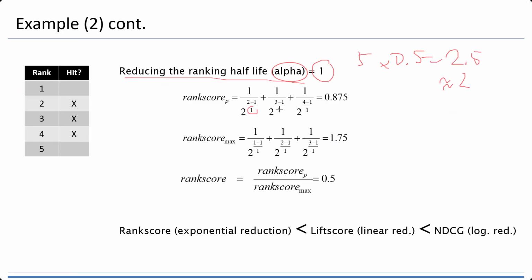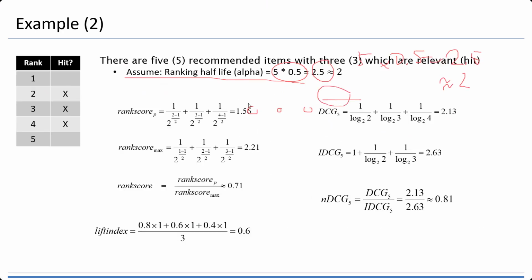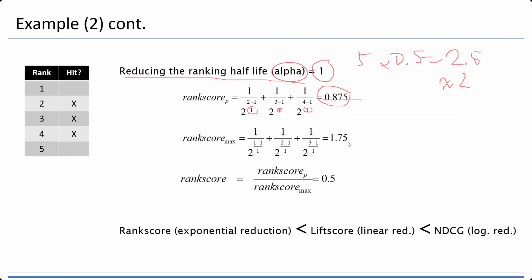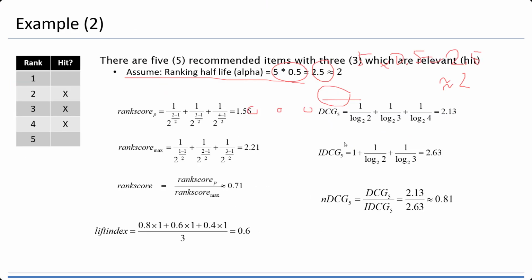When we reduce it to 1, the value will be lower compared to this one, and the rank score maximum is also lower. This one uses a ranking half-life equal to 2.